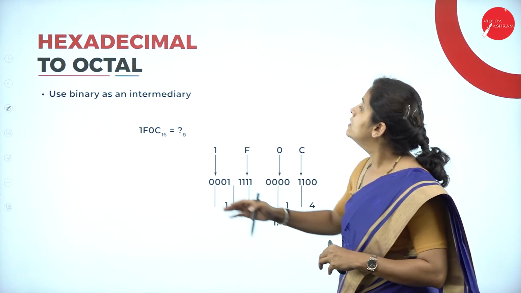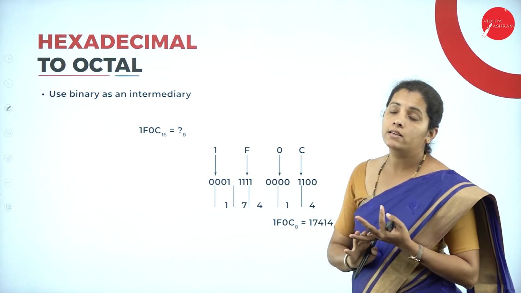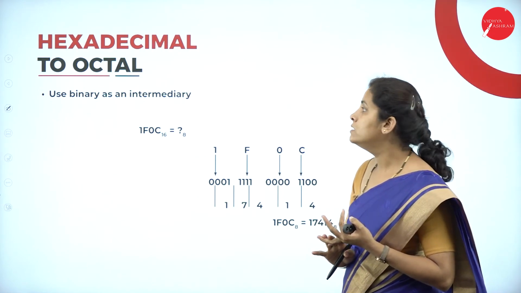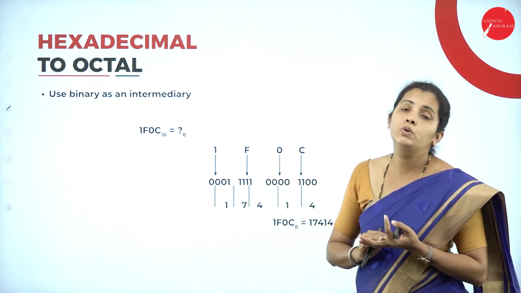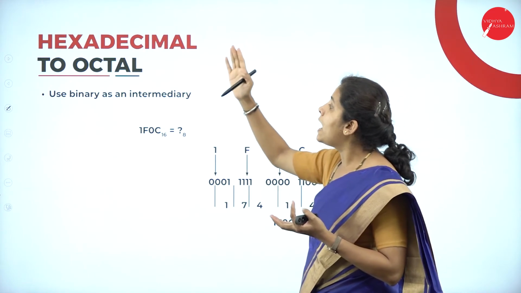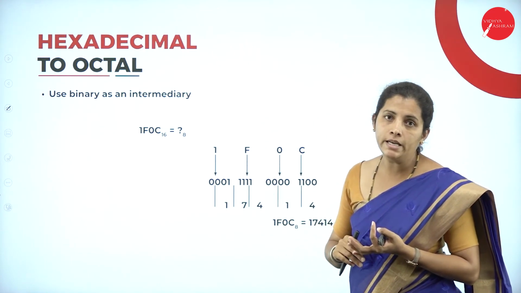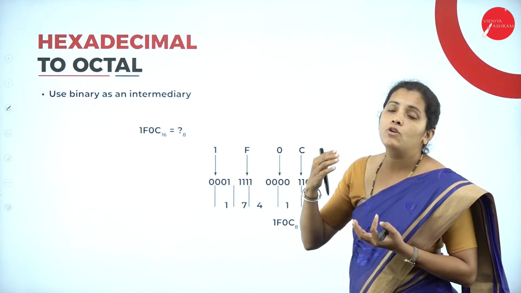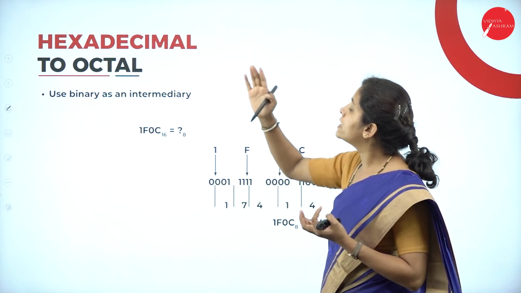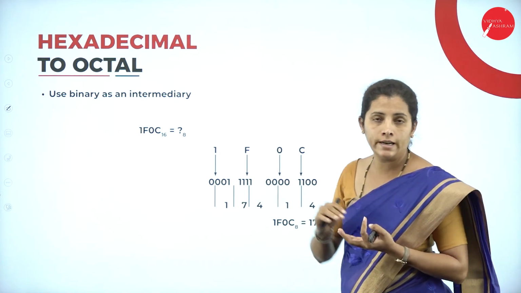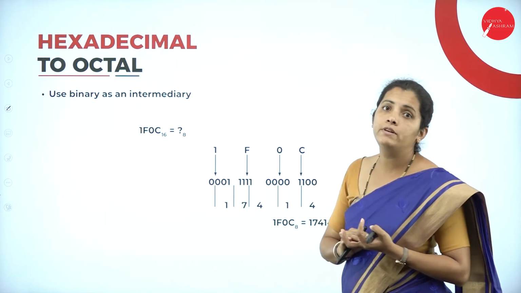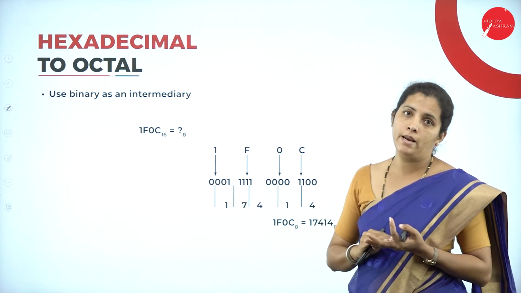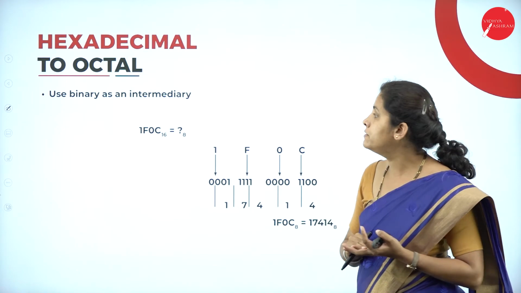Moving further, we are going to get hexadecimal to octal. Here we are going to use binary as an intermediator because it's not possible to convert hexadecimal to octal directly. So I'm going to take the help of binary conversion.